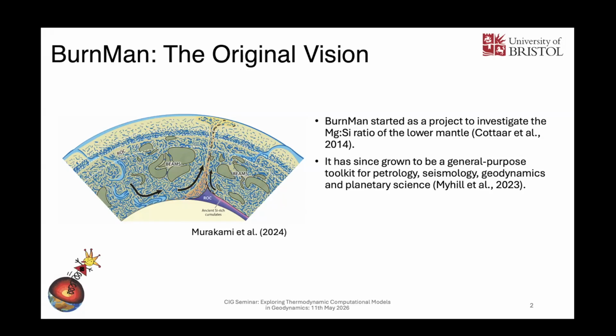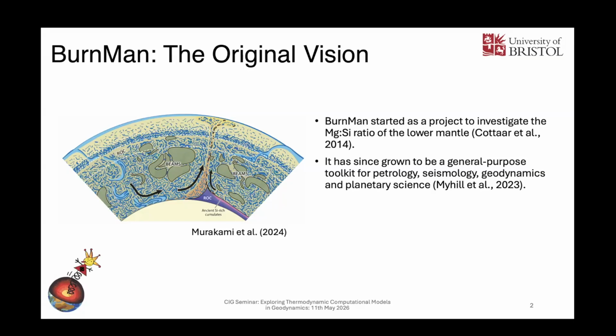And so the idea was to implement something in Python that would allow us to investigate all of the equations of state and really try to work out whether the VP, VS, and densities of the lower mantle fit the idea that it was particularly silica-rich.